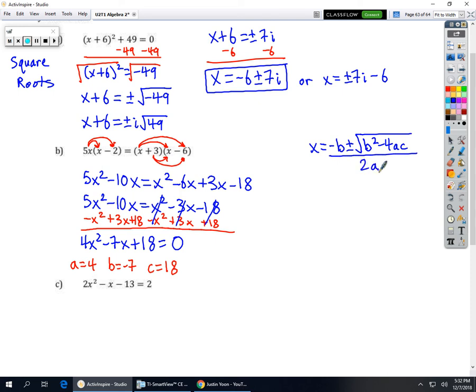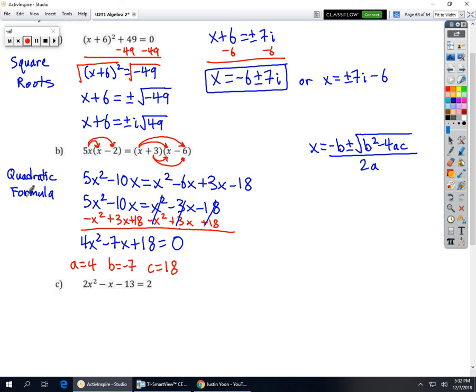Right, quadratic formula. I want to write it here: solving with the quadratic formula, just getting the answers the long and boring way.